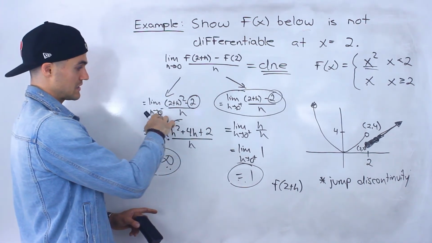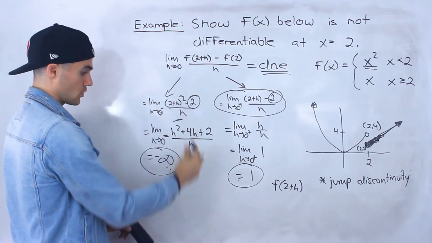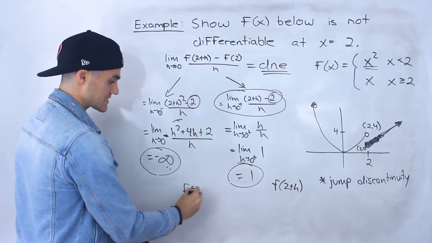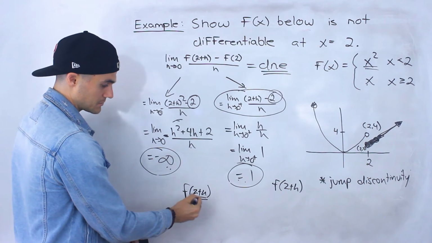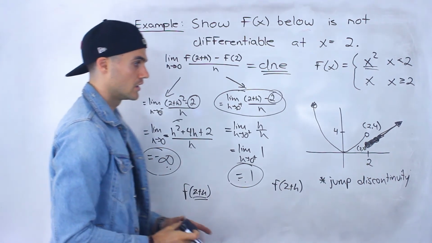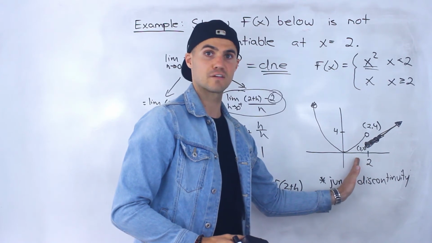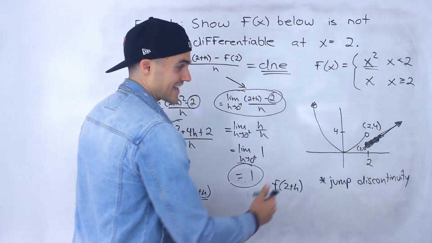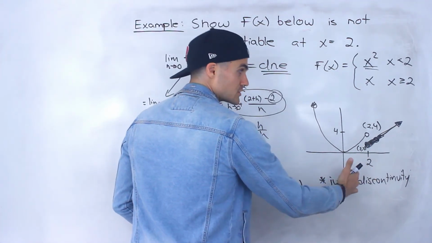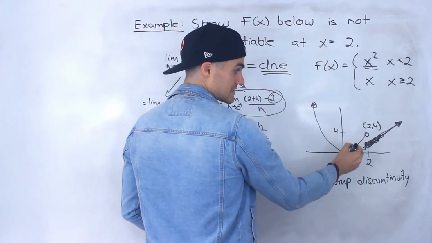So this is going to be a very small negative number. So that f of 2 plus h, that 2 plus h here, is going to be 2 minus a small number. So it's going to be x values to the left of this 2. And if it's x values to the left of the 2, we have to use this function, this x squared.